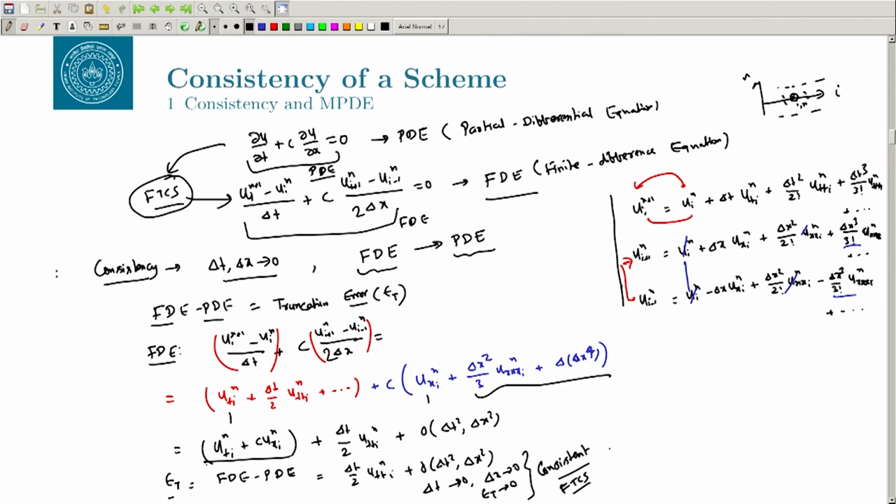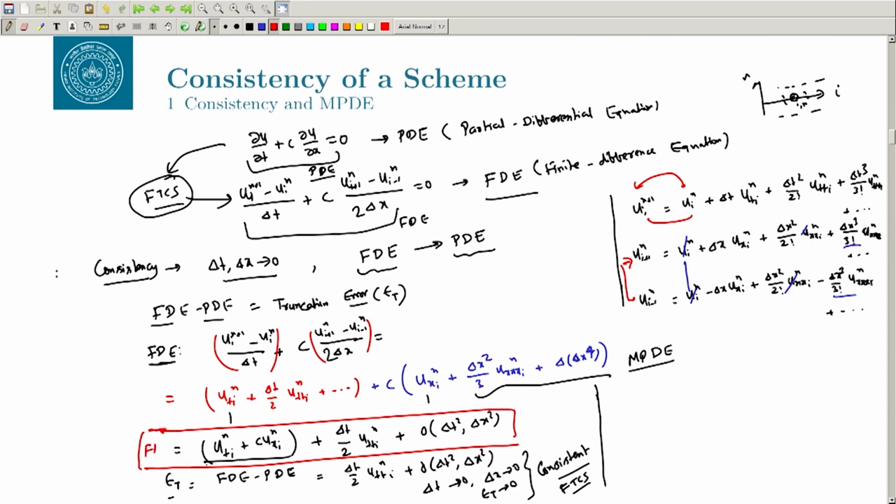There is no problem as far as consistency is concerned, but that is not enough. Let us look at the other property, let us look at the MPD. So, how do we get MPD? We have discussed last time that right now your FD is equal to this. So, this one is my FDE, right. When we are solving using a numerical scheme, we are basically solving this problem on the computer.